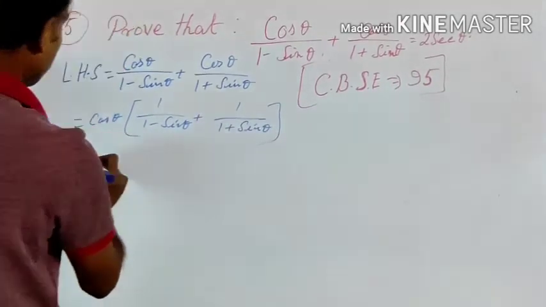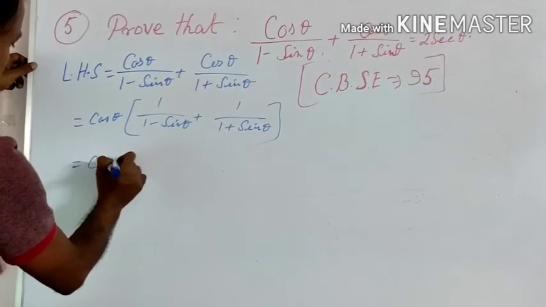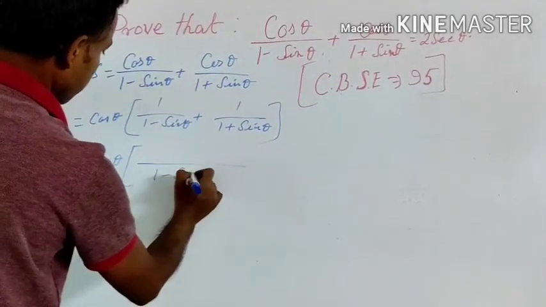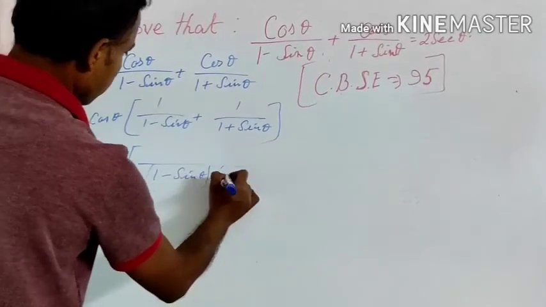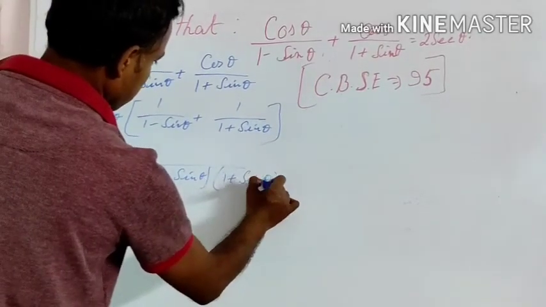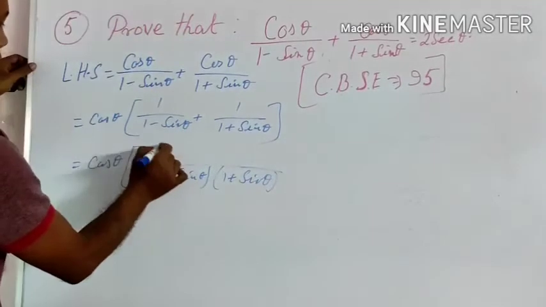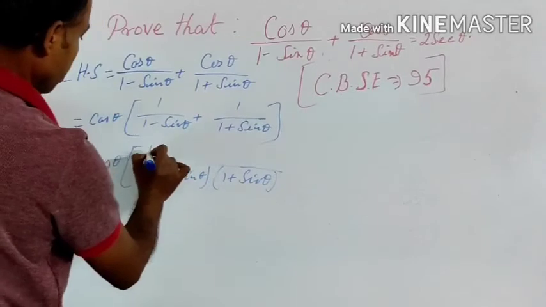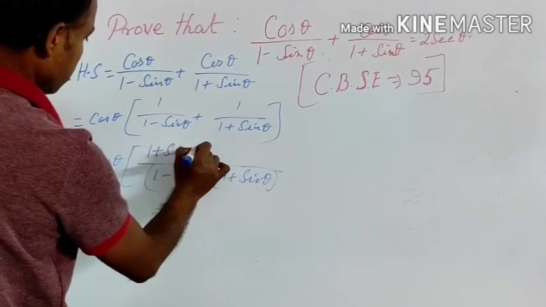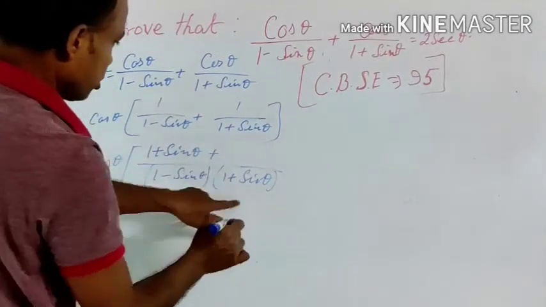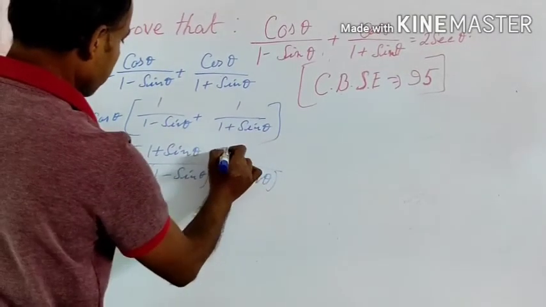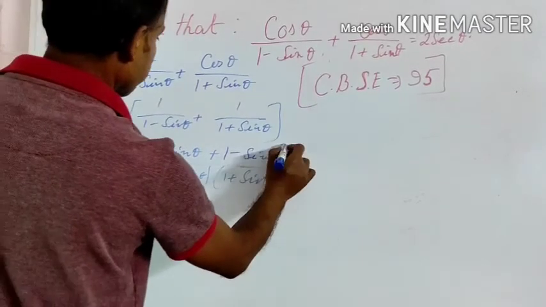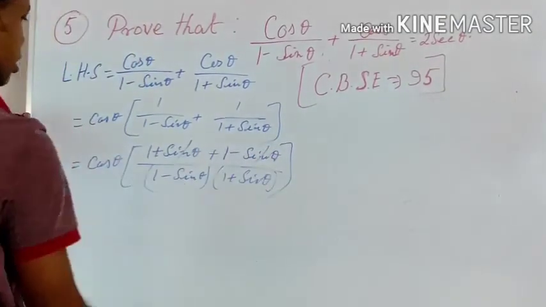Okay, is equal to cos theta into LCM will be 1 minus sin theta into 1 plus sin theta. So when you divide this by this, only 1 plus sin theta will be left, plus when you divide this by this, 1 minus sin theta will be left. Okay, so sin theta cancels out.